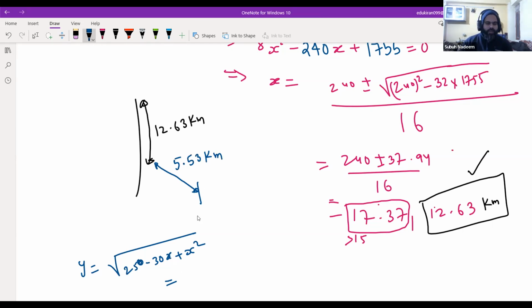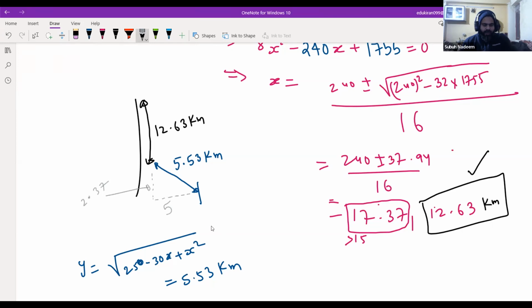Is it okay? And you can check whether your answer is correct or not, because by Pythagoras theorem, this value will become 15 minus 12.63. That will become 2.37, right? And this was 5.